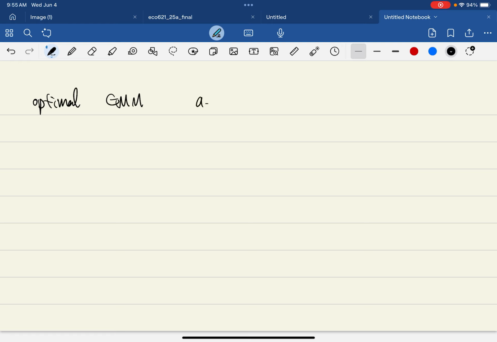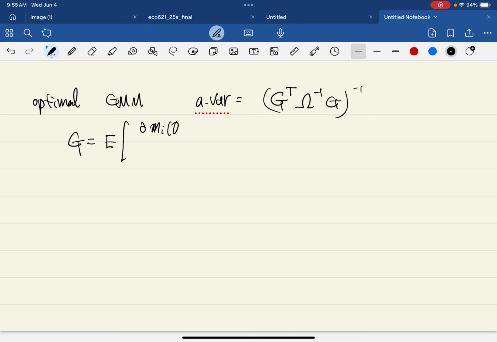Then we know the asymptotic variance was (G transpose omega inverse G) inverse. At that time, G was the expectation of the derivative of the moment function, if you remember.